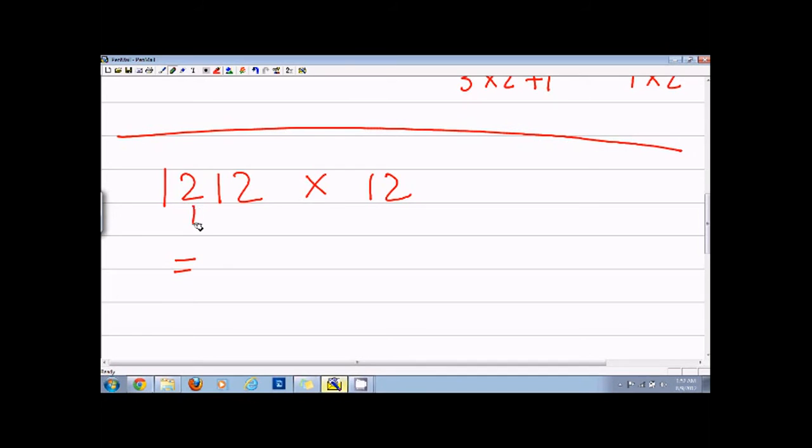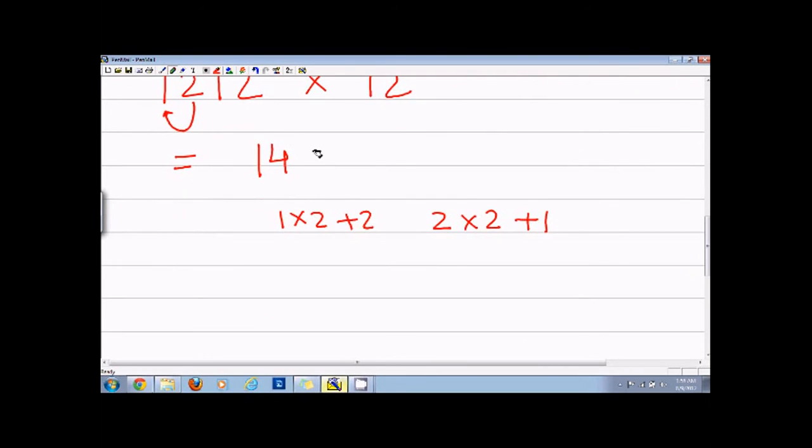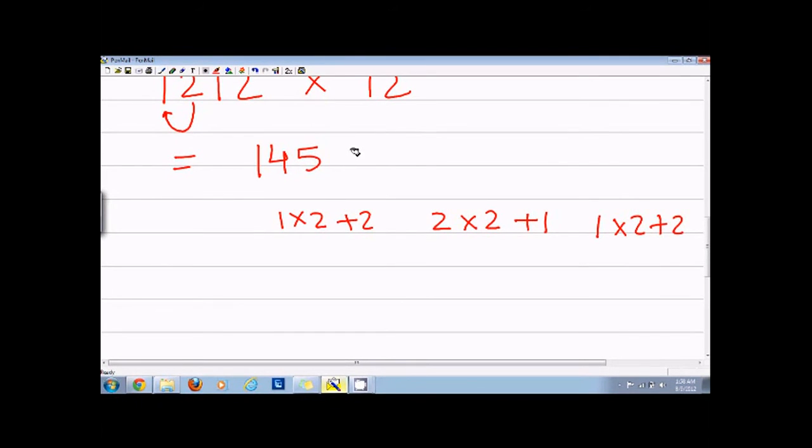First I will write 1 here because the first digit is 1, and then 1 into 2 plus 2 is equal to 4, then 2 into 2 plus 1 is equal to 5, then 1 into 2 plus 2 is equal to 4, and then 2 into 2 is equal to 4. So the answer is 14544.